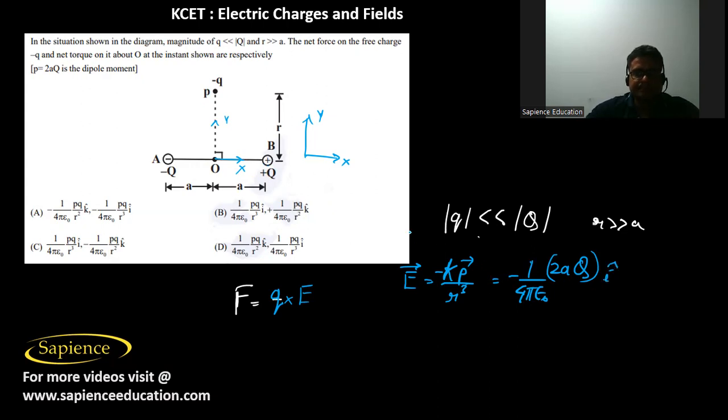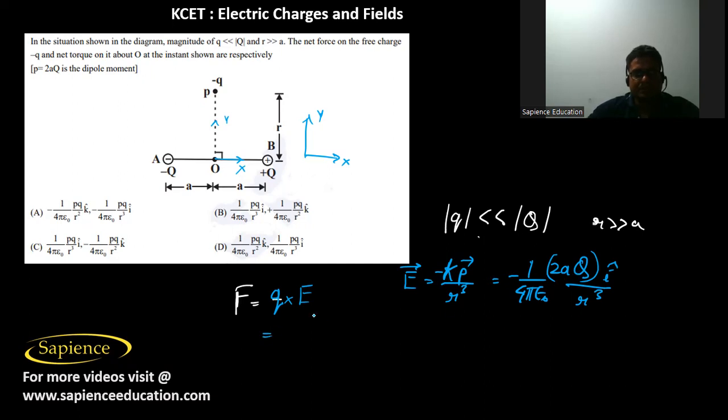The dipole is always from minus q to plus q, so it is along I cap, divided by r cube. So this is p.